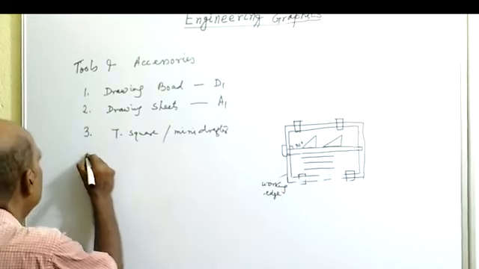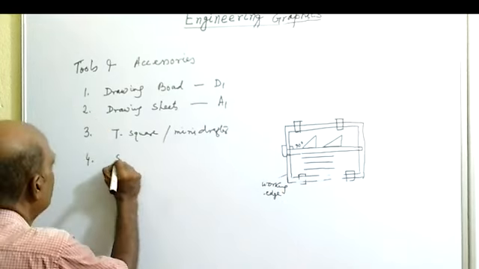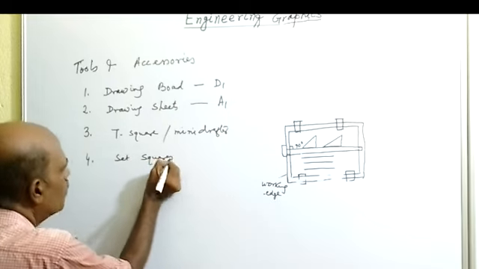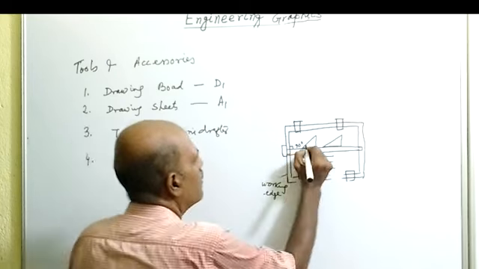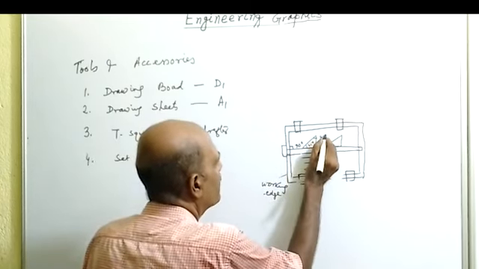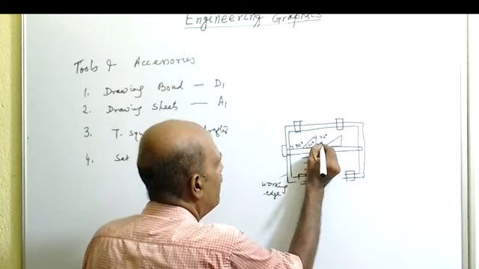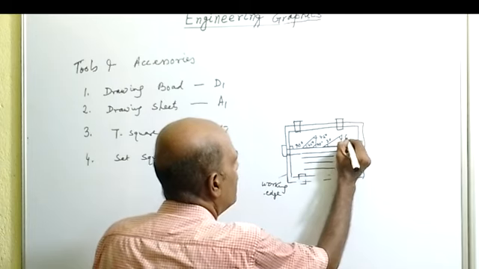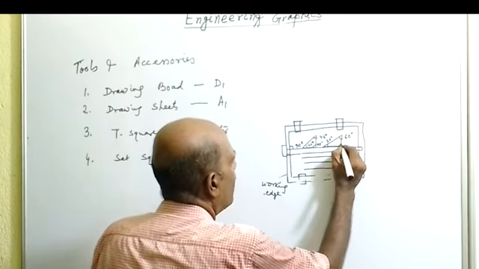Now next component is set squares. There are two set squares available, that is the 45 degree and 90 degree set square, and the 30 degree, 60 degree and 90 degree set square.